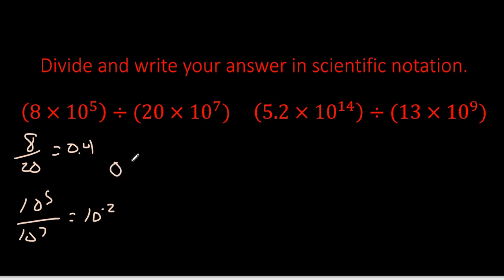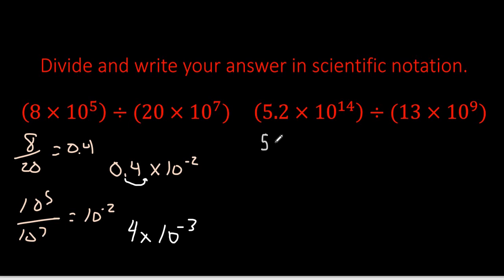So right now we have 0.4 times 10 to the negative 2. But we need one non-zero digit and then the decimal, so we have to move the decimal over right one, and then we subtract 1 from the exponent. And negative 2 minus 1 is a negative 3. So our answer is going to be 4 times 10 to the negative 3rd power.